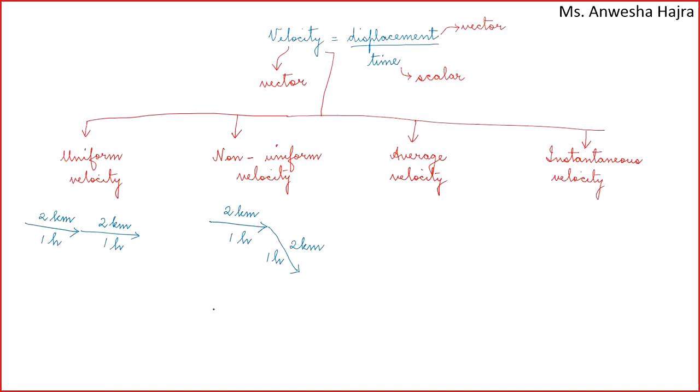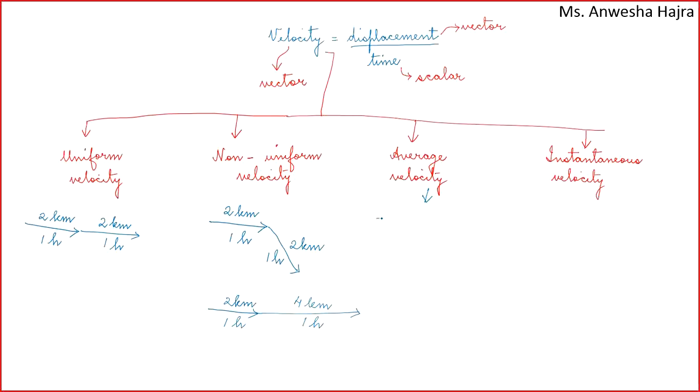Or it can be like this. Here you move 2 kilometers in 1 hour, and then you move 4 kilometers in 1 hour. This is non-uniform speed as well as non-uniform velocity.